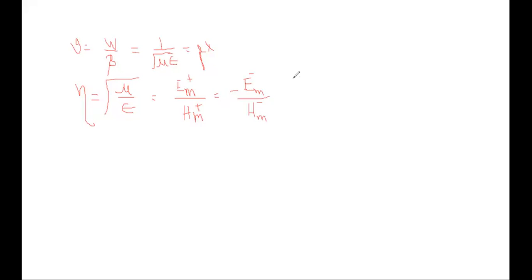So this is the equation we got, and velocity is approximately equal to 3 into 10 to the power of 8. The intrinsic impedance is approximately equal to 120 pi, or 377 ohms.